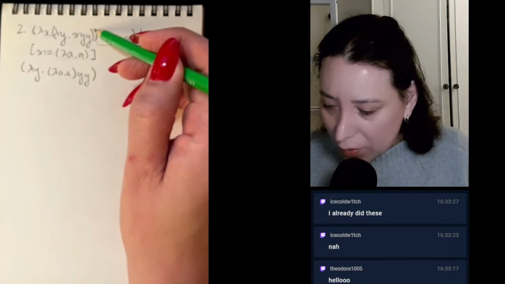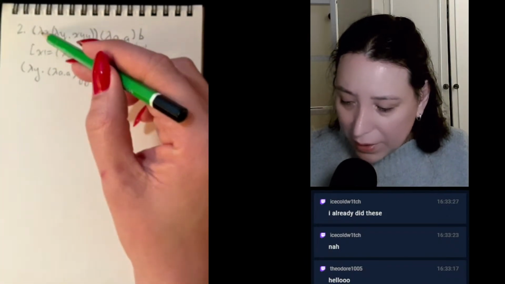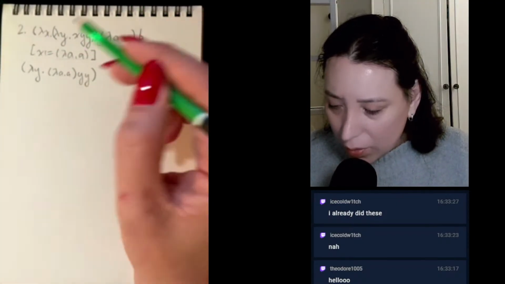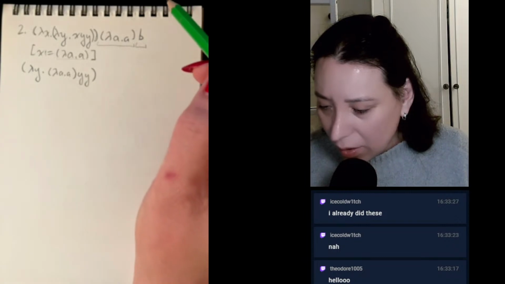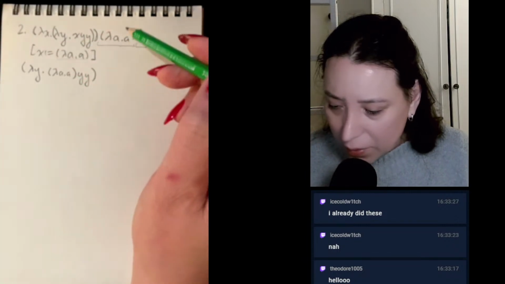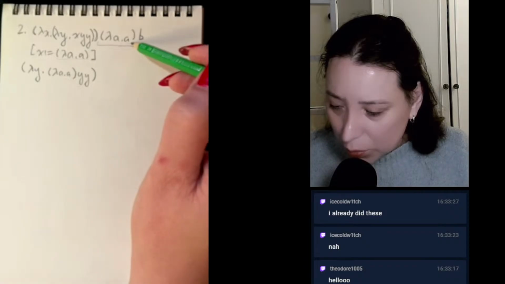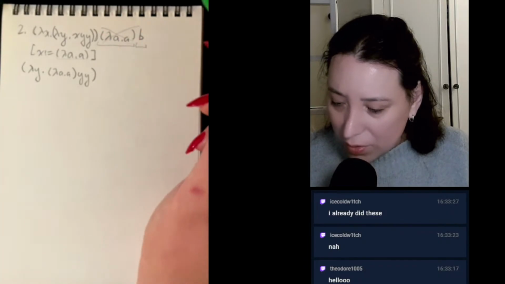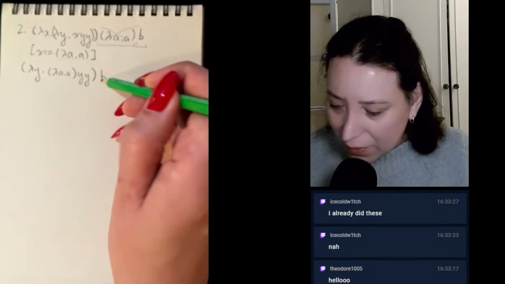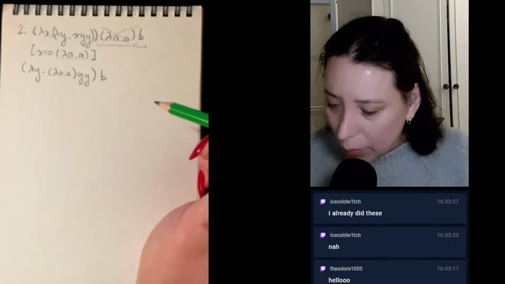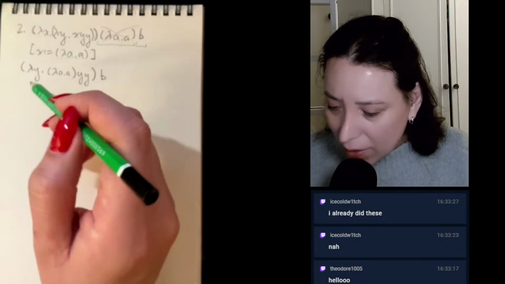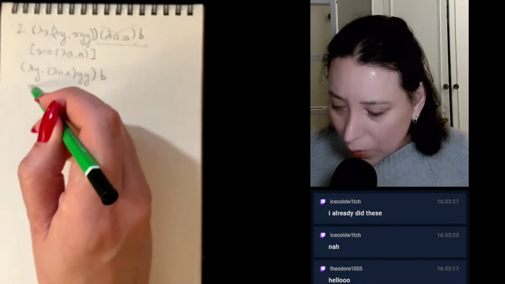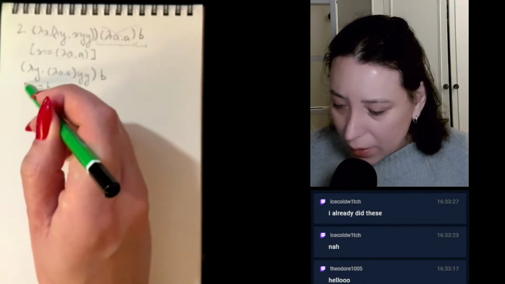We got rid of this parentheses, the outermost one, because we actually evaluated this, we applied this function to this, which we're going to drop also. So we drop this because we used it, and now we have b left. And so we're going to now apply this function to b. So we'll say y is equal to b.